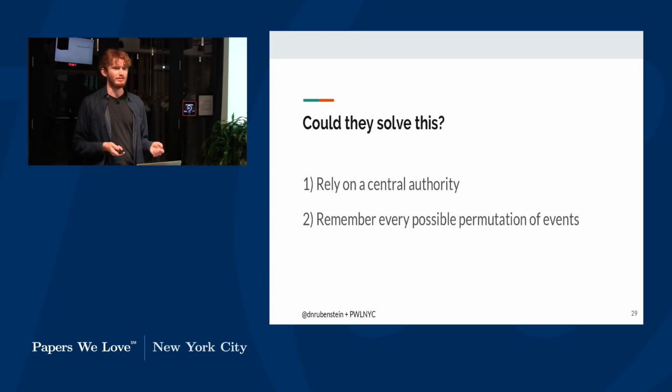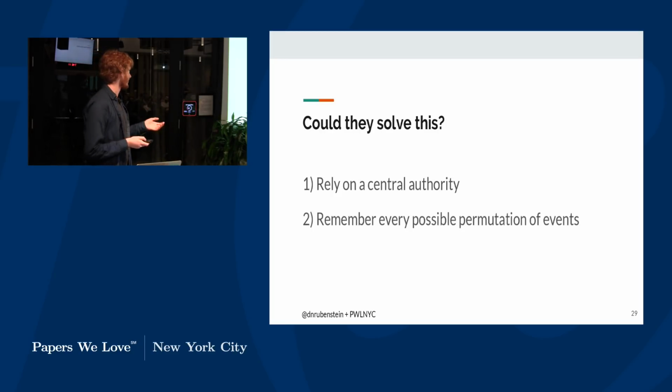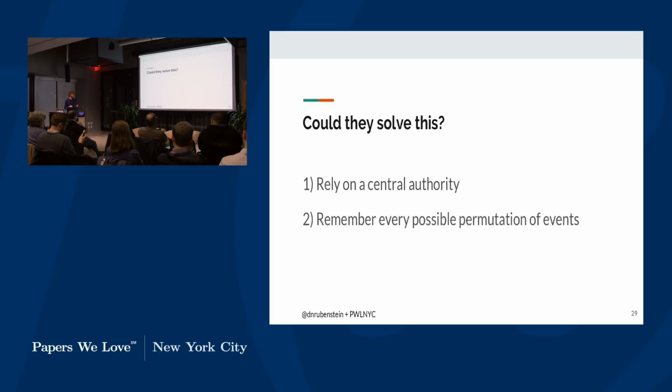But could they solve this? What could they do to make their game a little bit more well-formed next time? What are the options here? I don't have a ton of time, so I just want to briefly highlight some of the broad categories. So 1, they could rely on a central authority, whether it's a trusted friend, a teacher, a 3-node ZooKeeper cluster, whatever you want to do, they could rely on something that gives them a central set of timestamps.